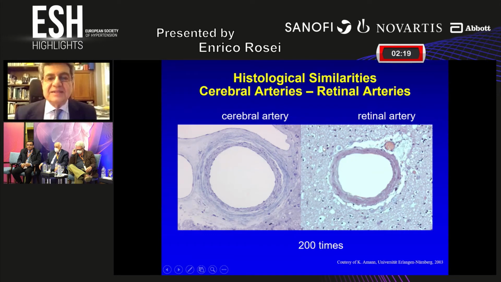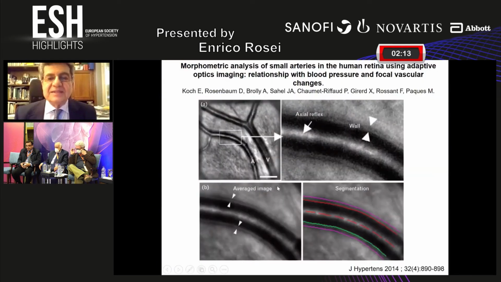embryological common pathway. And we now have the possibility of evaluating precisely the wall and the lumen of the small retinal arteries, the arterioles. With this adaptive optics imaging, it is possible to have a very precise and reproducible measurement.